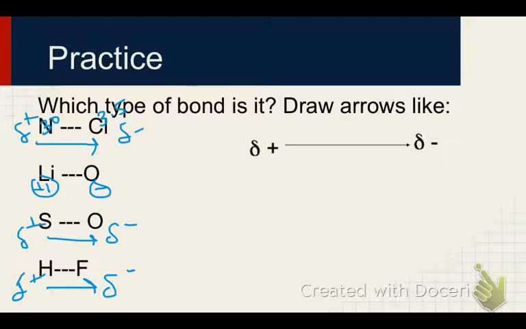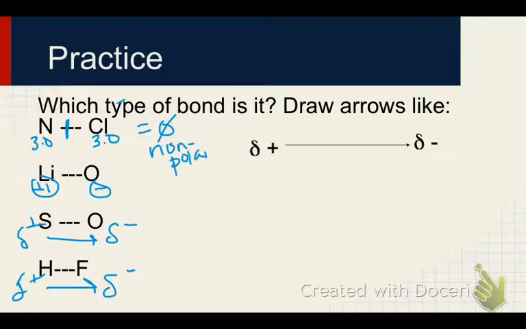You know what? I'm so sorry on this one. I messed up. This one right here would not have an arrow because N is 3.0 and Cl is 3.0. So this one would have a difference of electronegativity of 0, which puts it in the 0 to 0.4 range, which means it is nonpolar. So we would not draw an arrow.